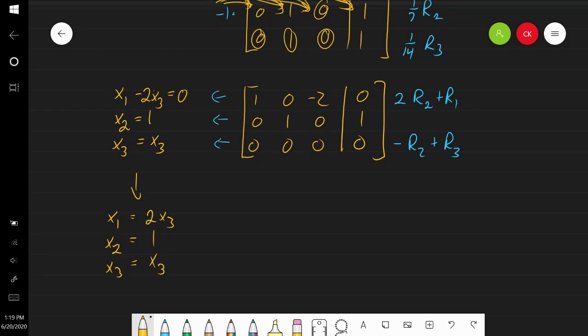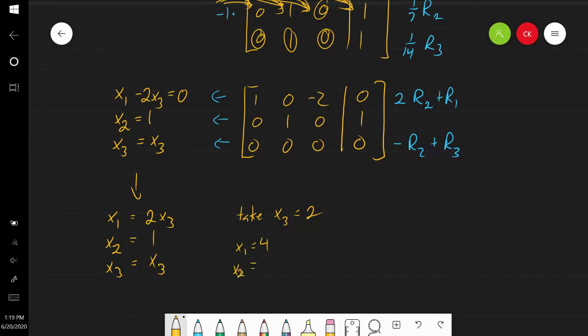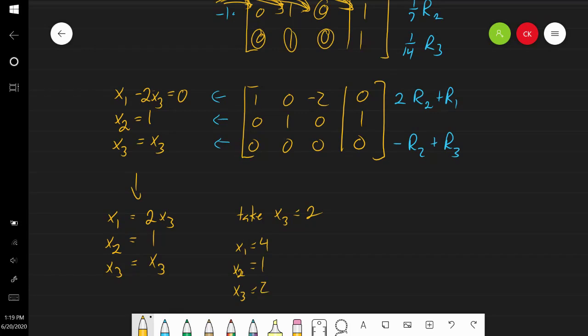Just as an example, we could take any value we want for x3, but let's say take x3 equal to 2. That means that x1 is equal to 4, x2 is equal to 1, and x3 is equal to 2. So that gives us an example of one of the solutions to this system.